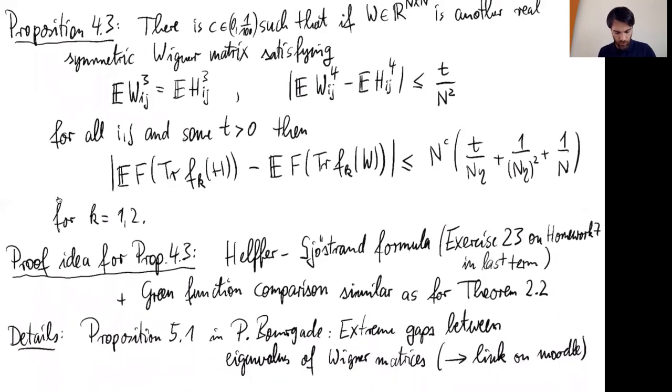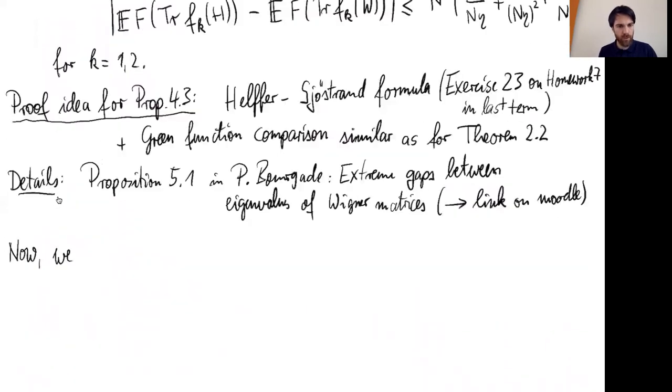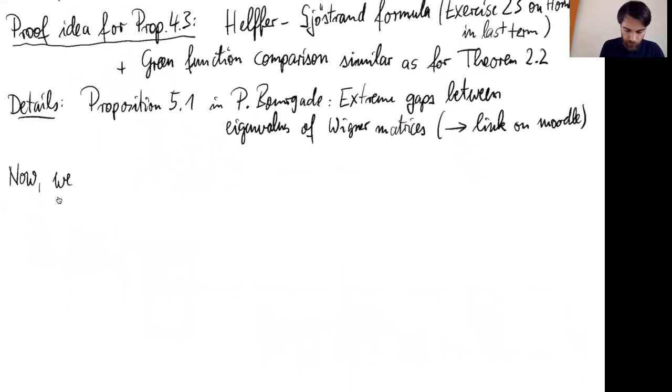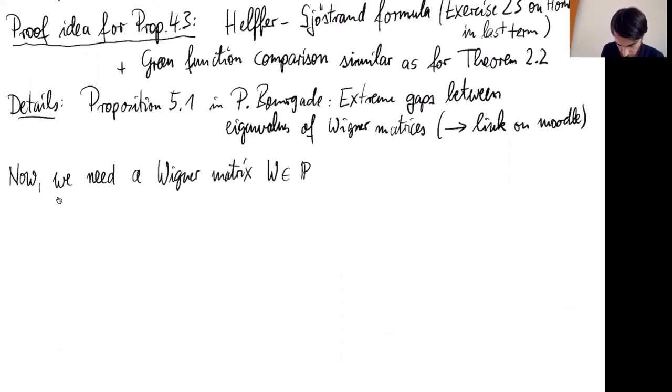Okay, so what was I saying? We are now somewhat looking for an auxiliary Wigner matrix which has the following properties. We need a Wigner matrix W such that the following holds.